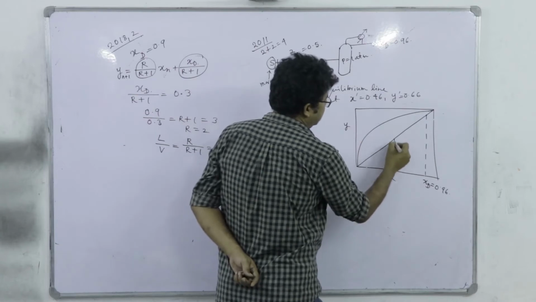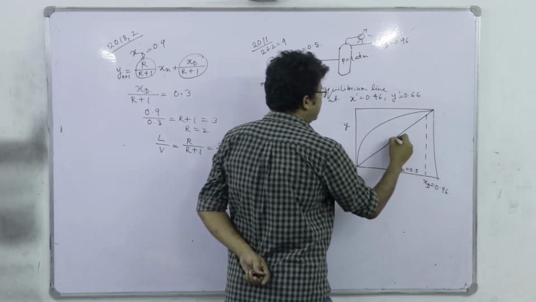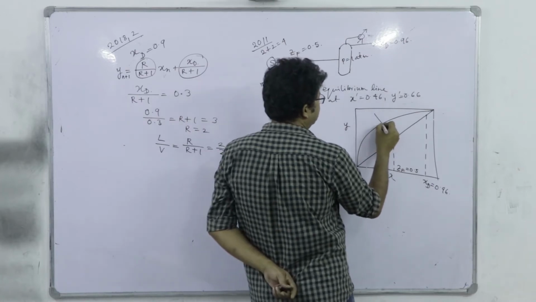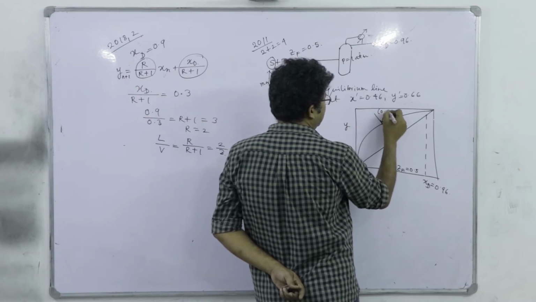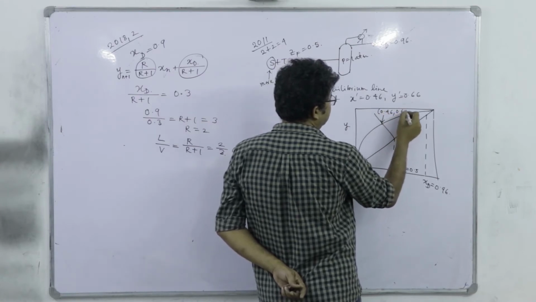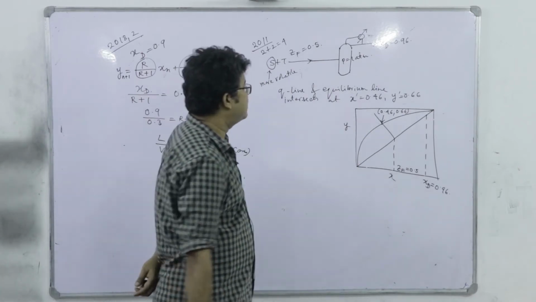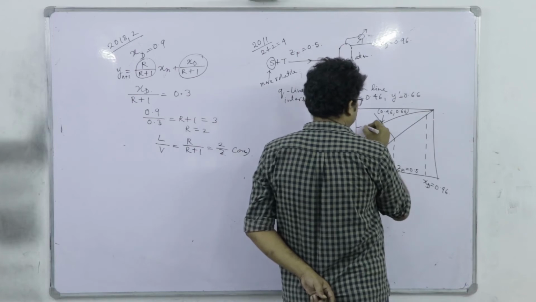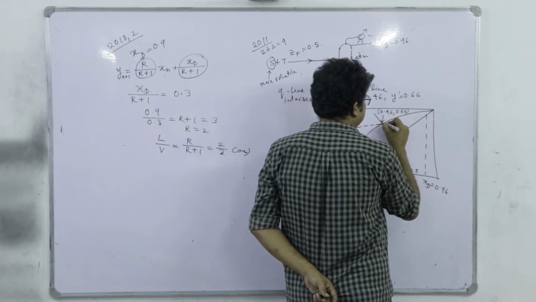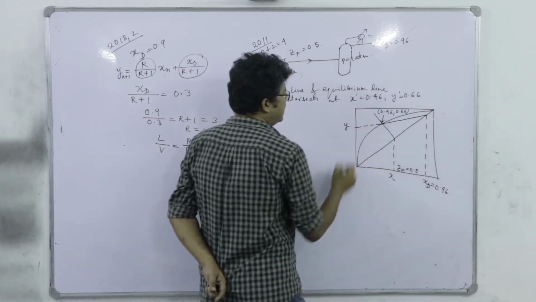Equimolar mixture, so zF is here 0.5, and that's the Q line, whose intersection point with the equilibrium line is 0.46, 0.66. For minimum reflux ratio, the operating line for the rectification section must pass through this point of intersection.